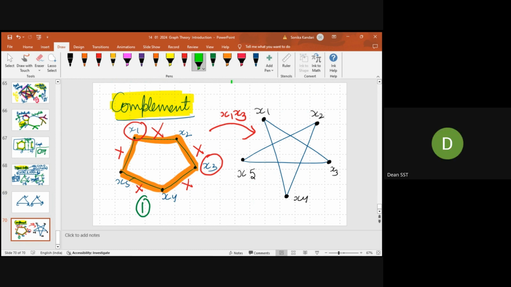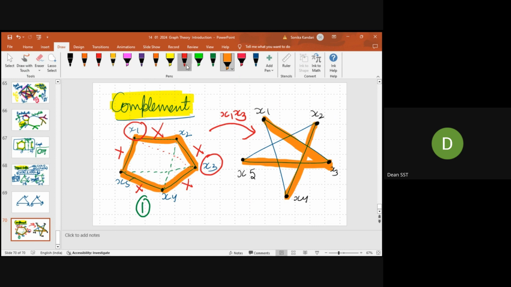See here, on the left, X1 X3 is not connected. But see right hand side, X1 X3 is connected. Is it clear? See, on the left hand side X2 and X4 are not connected, but on the right hand side X2 and X4 are connected. Fine. X5 and X3 are not connected, but here X5 and X3 are connected.